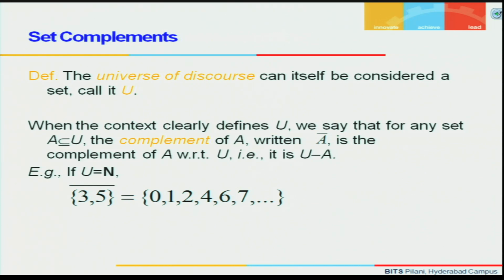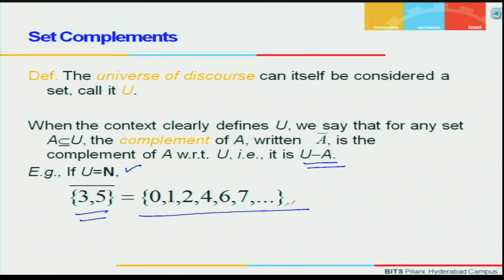So when you have a universe of discourse, it is defined properly, and you have a subset of it. A is a subset of U. Then the complement of A is defined as all the elements in the universe of discourse that are not in A, U minus A. When the universe of discourse is the set of natural numbers, what is the complement of {3, 5}?